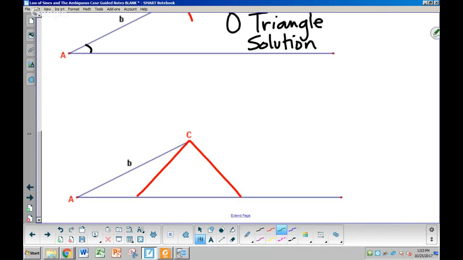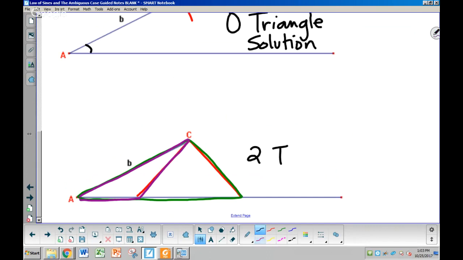Well, I could have had this big, large triangle as a possible triangle with the given information, or I could have had the skinnier triangle as a possibility, right? So I had two possible cases with a side of that length.